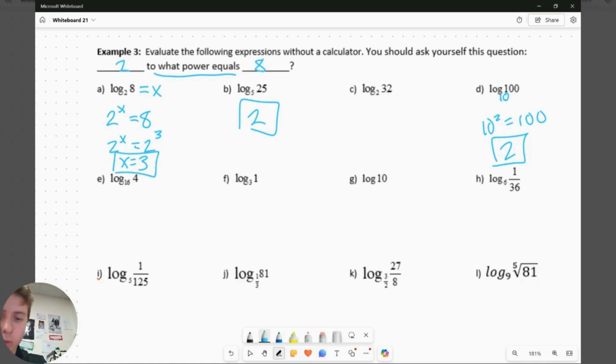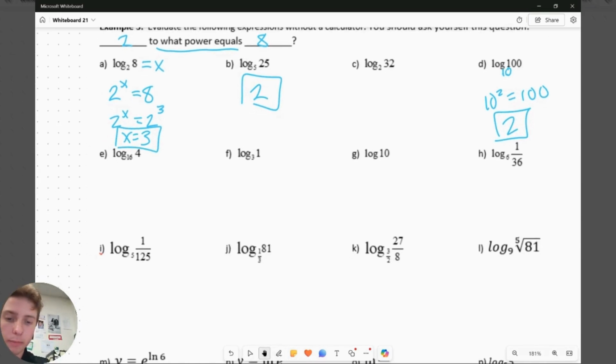Okay, and we could keep going through these different problems. Some of these are good ones to note. For example, e is a good one. Again, maybe we set up this as an equation. So 16 to some power must be 4. Well, I know 16 and 4, those are related by taking a square root. So maybe what I can do here is take a square root of 16.